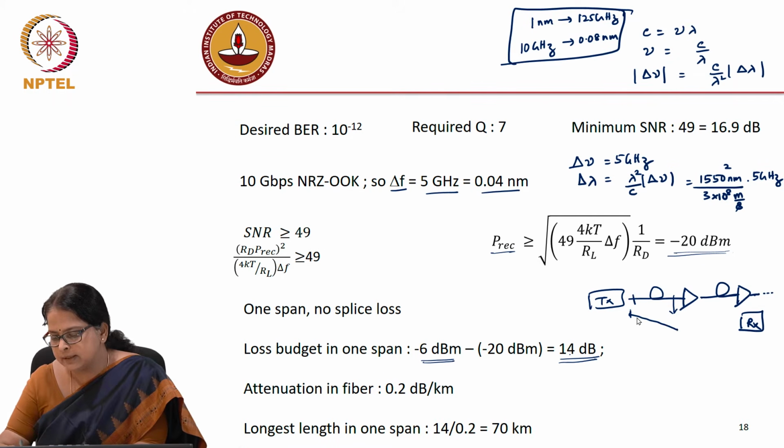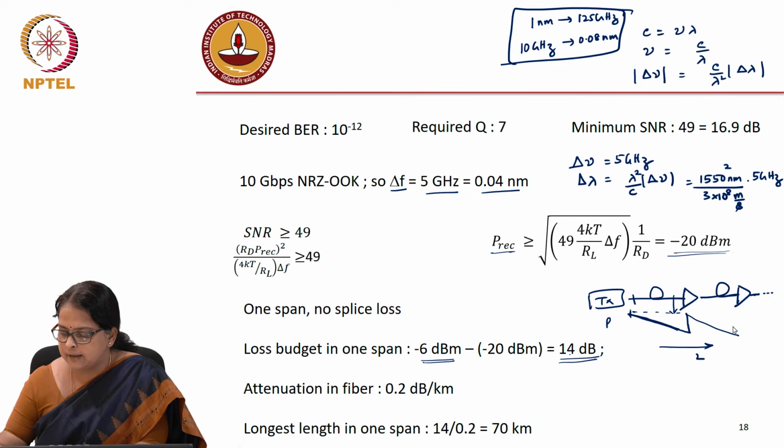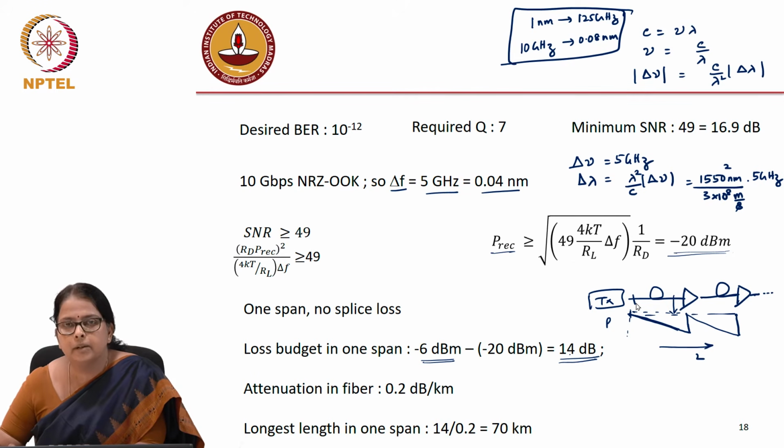The power falls as a function of length. At the EDFA, you amplify, reach the same power level. Again, because of the transmission through the fiber, the power falls, and the EDFA again amplifies, and you basically get back to the transmitted power, right?